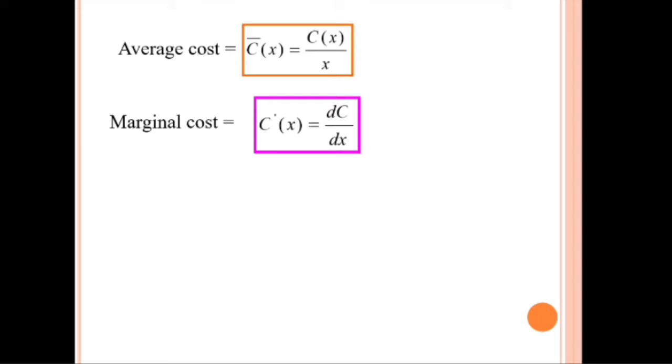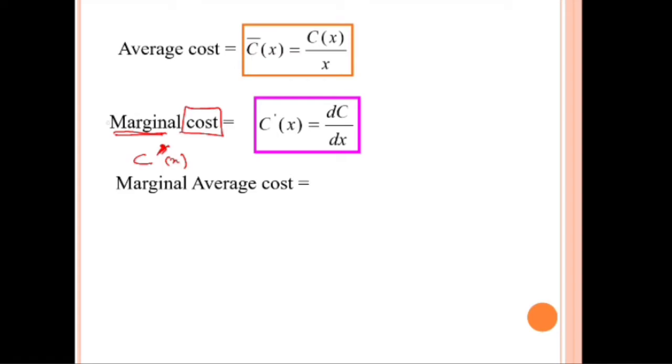Another formula that you should know is marginal average cost. Whenever you see the word marginal, what you have to remember is the prime, or the first derivative of the cost function. After this tutorial, in tutorial 4 or 5, you will learn about marginal revenue and marginal profit.